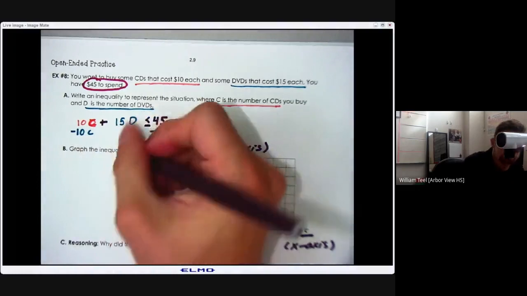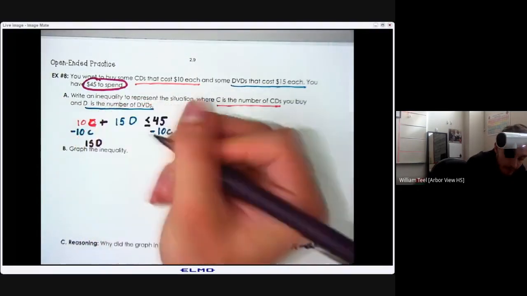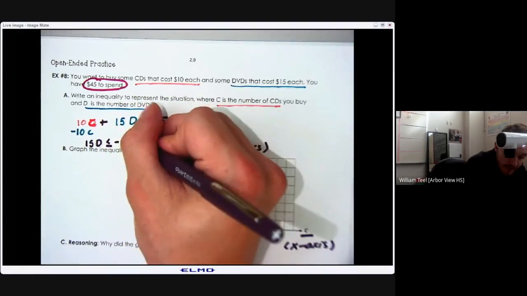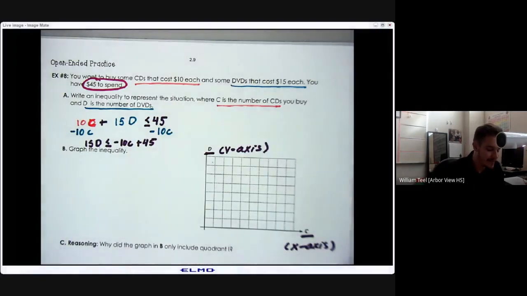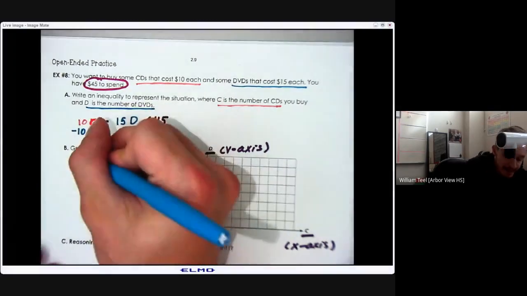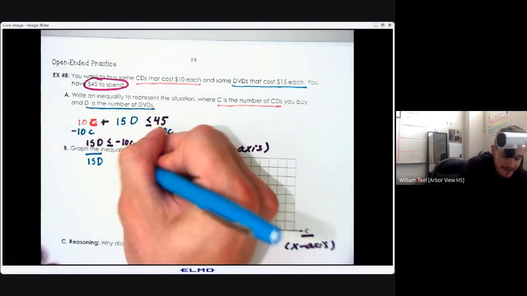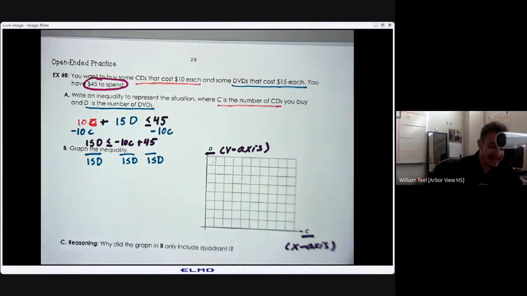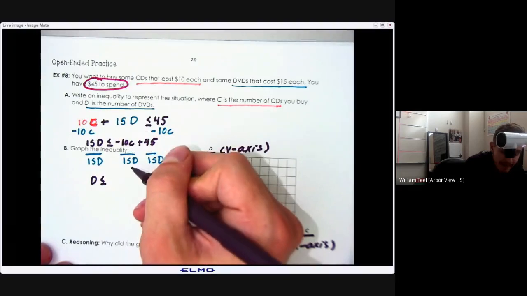And now I'm going to have 15D is less than or equal to negative 10C plus 45. Now the next thing I have to do is divide both sides by 15. I'm going to do this to all of my terms here. And now I am looking at D is less than or equal to negative 10 divided by 15.